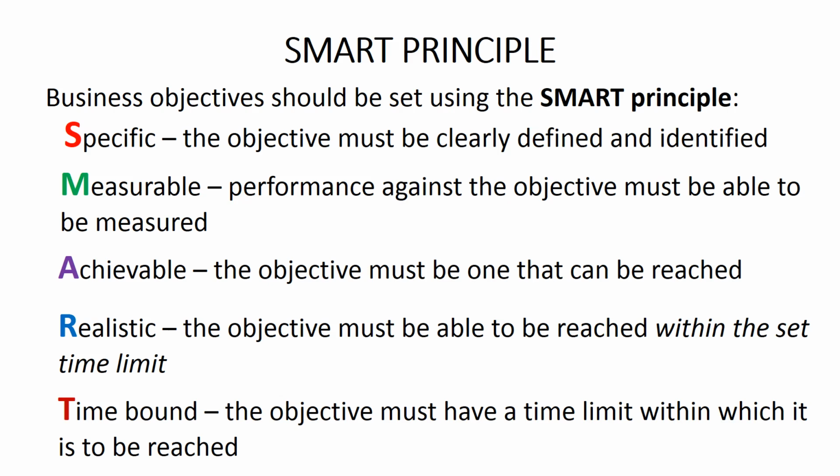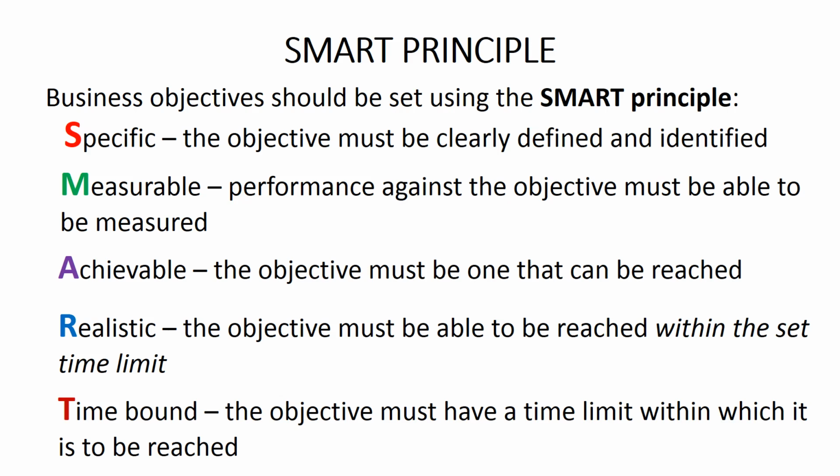An example of a business objective that does have this characteristic is an objective that states that the business will increase its sales within the next 12 months by, say, 10%. This is an example of an objective that is time-bound because it includes within the statement of the objective a time frame for achieving that objective, that is, within the next 12 months.